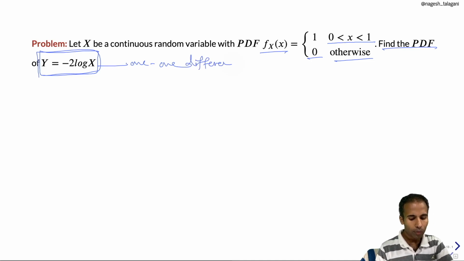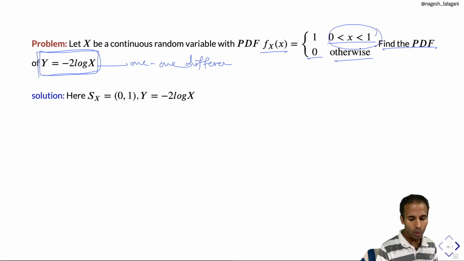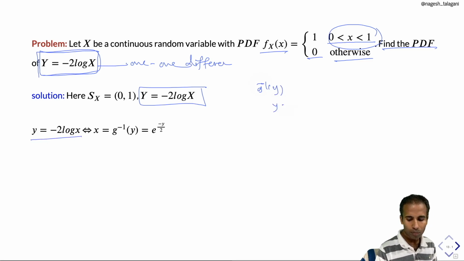First of all we can see that the support of X is the open interval 0 to 1 and we have the transformation Y equal to minus 2 log X. So here g of x is minus 2 log x. Let's try to find G inverse y. Here y equal to minus 2 log x if and only if log x equal to minus y by 2, if and only if x equal to e power minus y by 2.